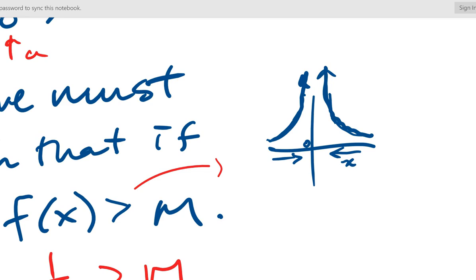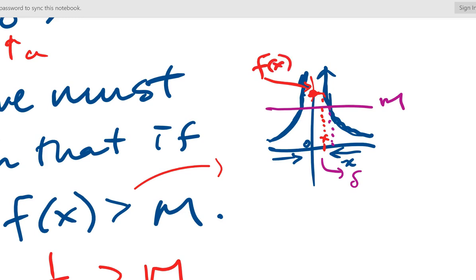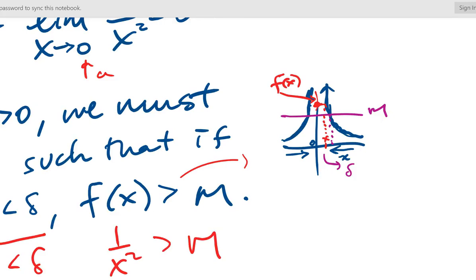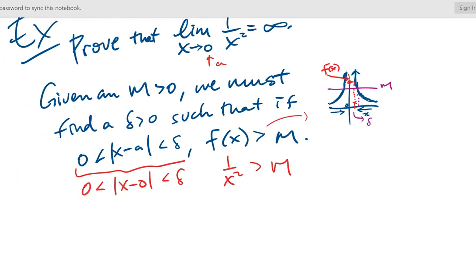So what we're doing is we're given an m, and then there's a corresponding delta such that if x is inside of that delta, then f of x is greater than m. So here's f of x, and f of x is certainly greater than m. That's why it's got to be greater than. All right, so that's what we have.